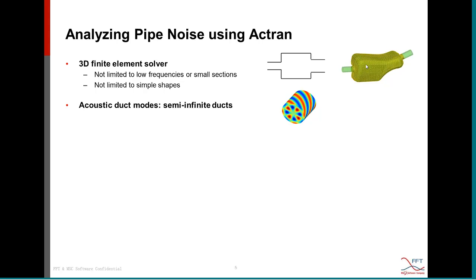Actran features acoustic duct mode components. These duct modes are used to inject a realistic acoustic source, for example, an engine pulse, into the line system. The duct modes are also used to provide perfect non-reflecting boundary conditions, or anechoic conditions, for any reflected wave going to the upstream of the system.